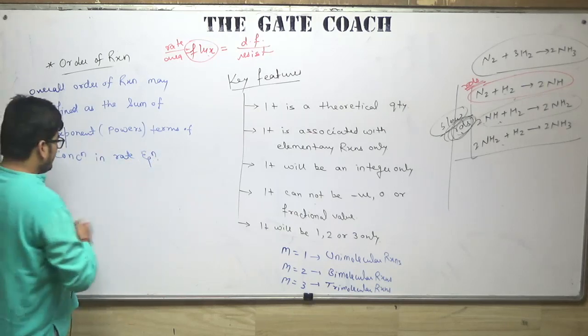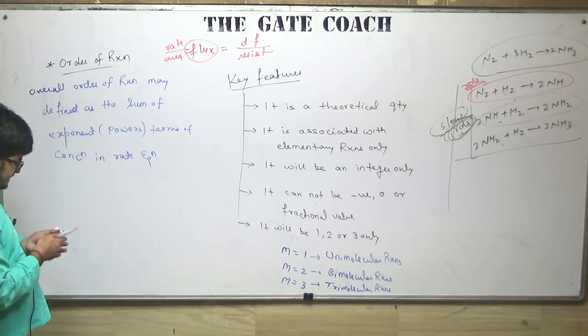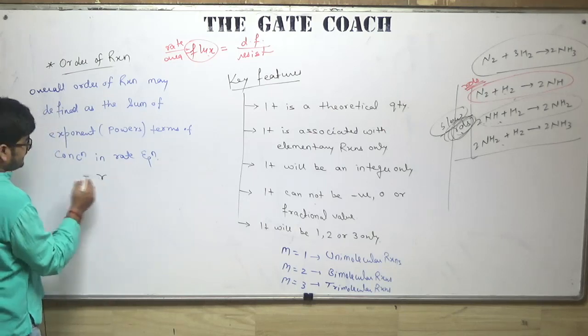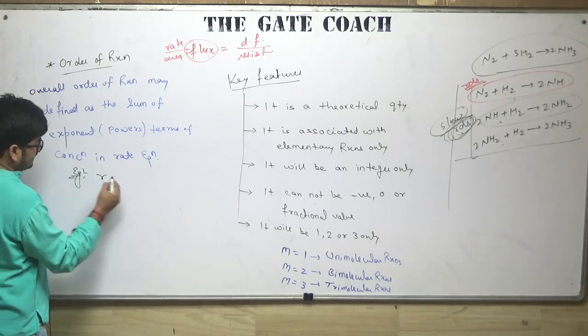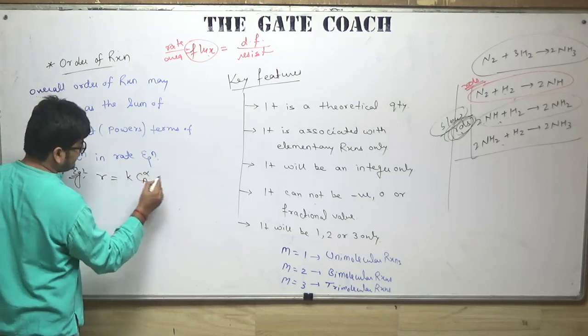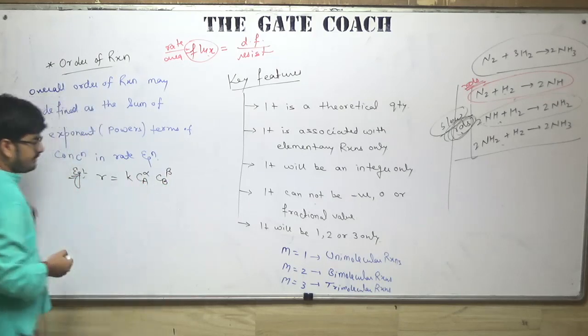Suppose for a chemical reaction we have the rate equation R is equal to K Ca power alpha Cb power beta.